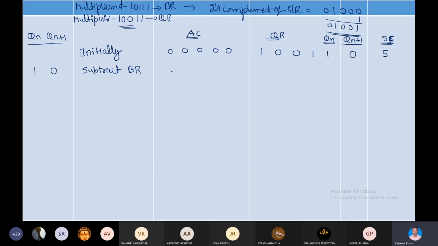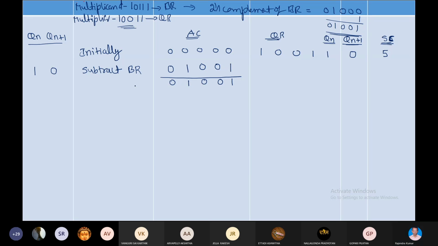The 2's complement of BR is 0, 1, 0, 0, 1. Now I am adding accumulator plus 2's complement of BR. I got 0, 1, 0, 0, 1.